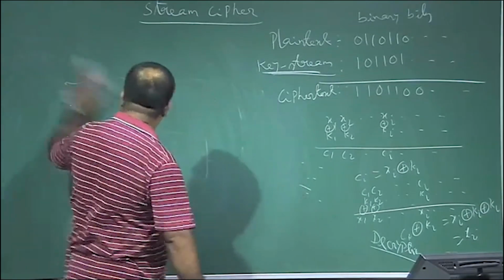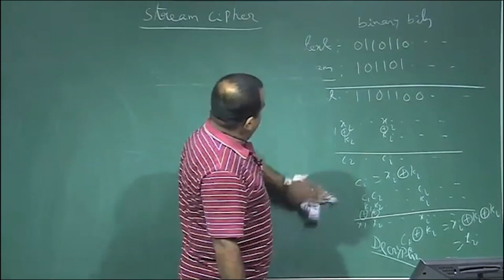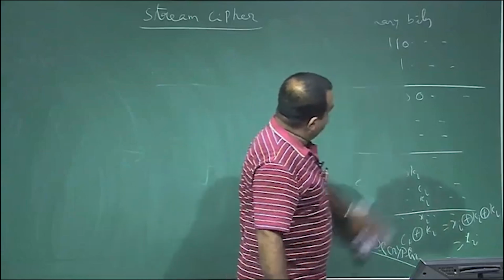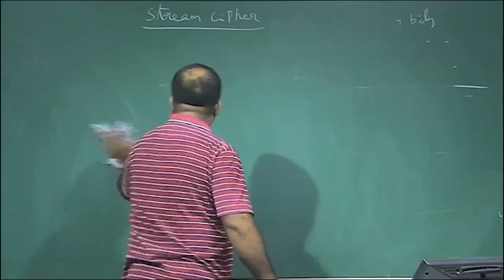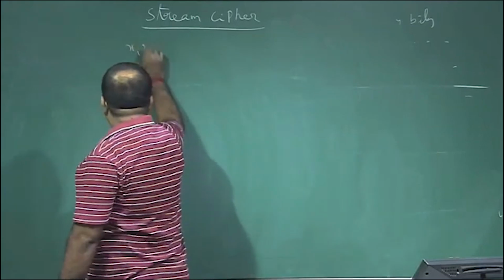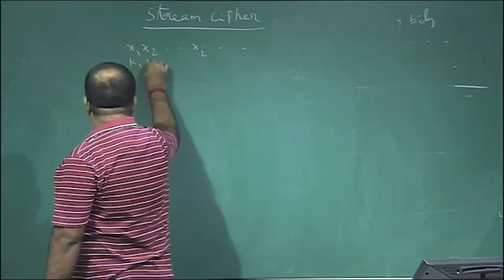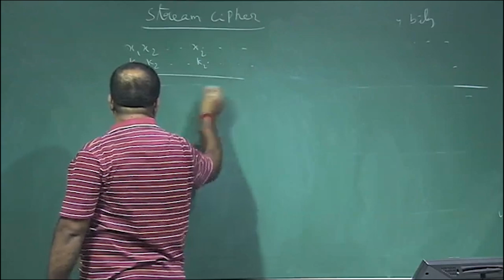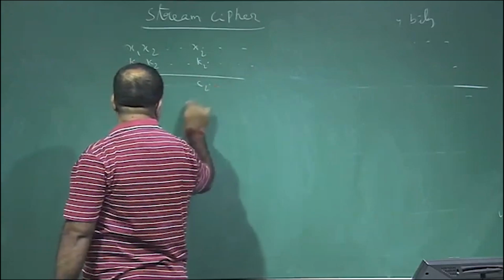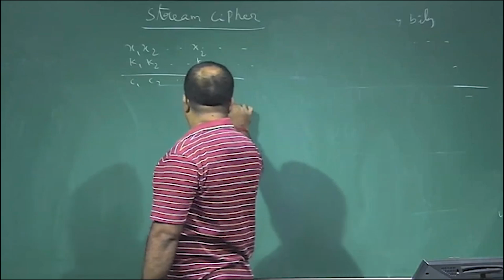Okay. Now in stream cipher basically we need to generate the key stream. So we have these plain text bits, and one has to generate the key stream, and then we do the XORing to get the Ci's, I mean C1, C2, Ci.